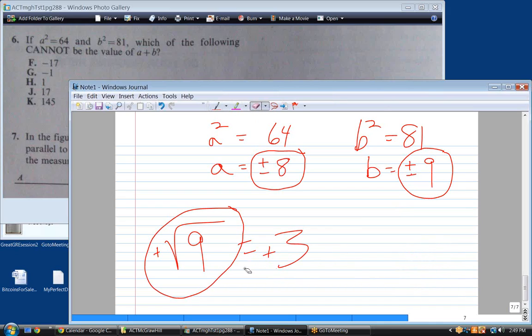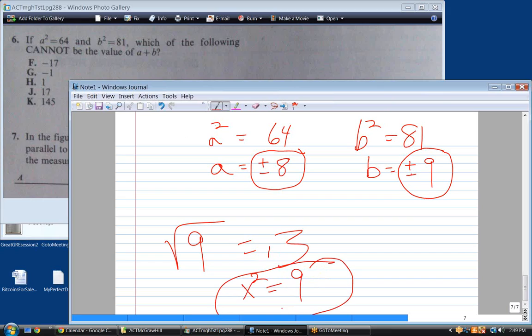Okay? But this is completely different than solving this equation. X squared equals 9. And now you have to take the square root of both sides, so you get x equals plus or minus 3. So there's a huge difference between that and this.